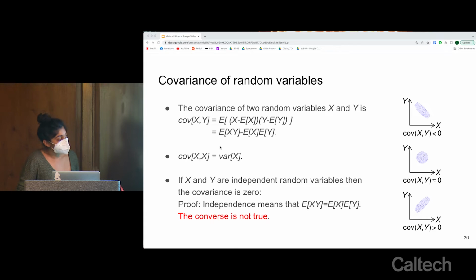However, an important point to note is, one, that this is not a scale invariant metric, and I'll talk about correlation in that sense. But the other point is that if variables are independent, then their covariance will be 0.